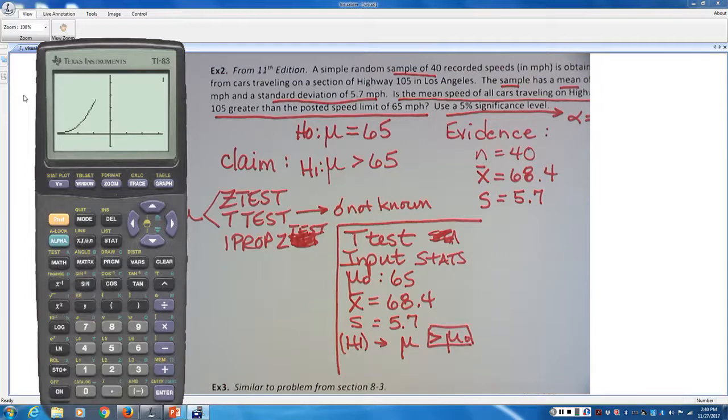Now this is a right tail test because H1 said greater than, it's going to the right. And here's the conclusion of that test.